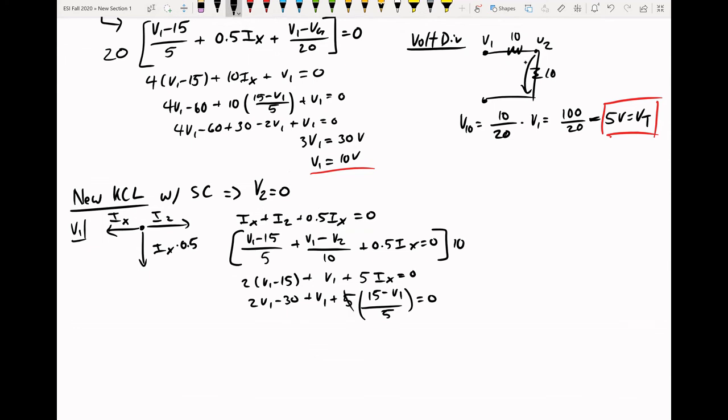And then these 5s will cancel, so we'll get 2v1 minus 30 plus v1 plus 15 minus v of 1 is equal to 0. So those two will cancel, so we'll get 2 v of 1 is equal to 15. So v of 1 is equal to 7.5 volts.